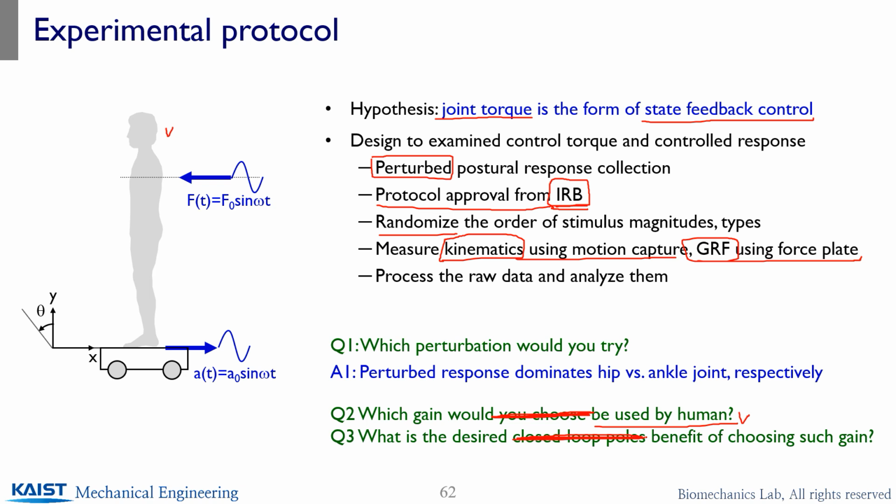It's already there. The human movement already has well controlled closed loop pole behavior. So you should also examine what would be the benefit of those control behaviors for human movement. Those are the questions that you should ask for studying human movement control mechanisms or control perspectives.